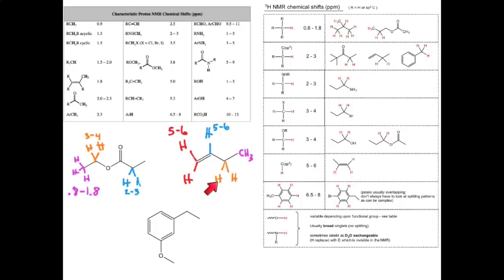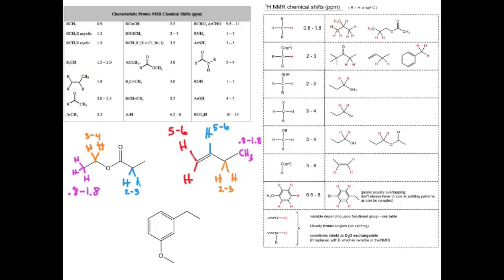Looking at the hydrogens in orange, H to sp3, sp3 on one side, sp2 on the other. Where does that land? H to sp3 to sp2. So our value in orange would have a chemical shift of approximately 2 to 3 ppm. And then obviously if you look at the one in purple, H to sp3 carbon to sp3. That's our base region. We're looking at, again, 0.8 to 1.8. So our signal would come in that range.